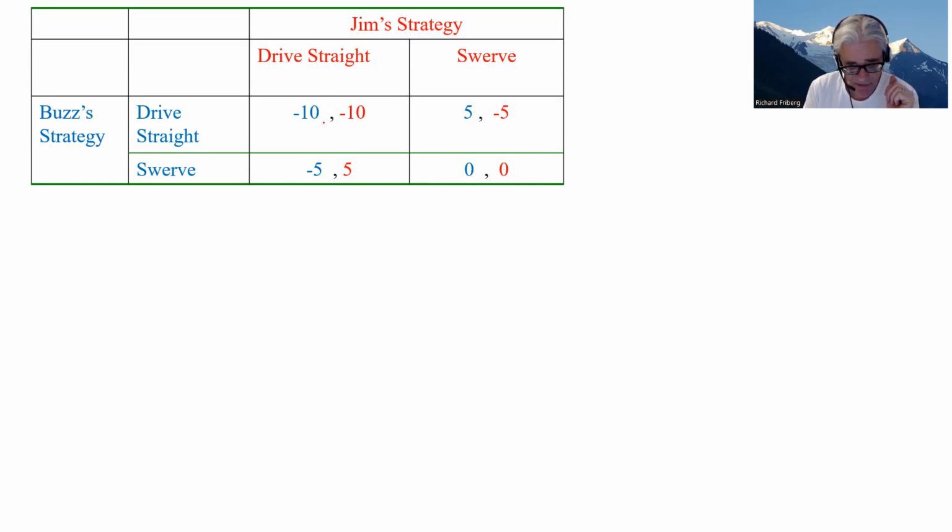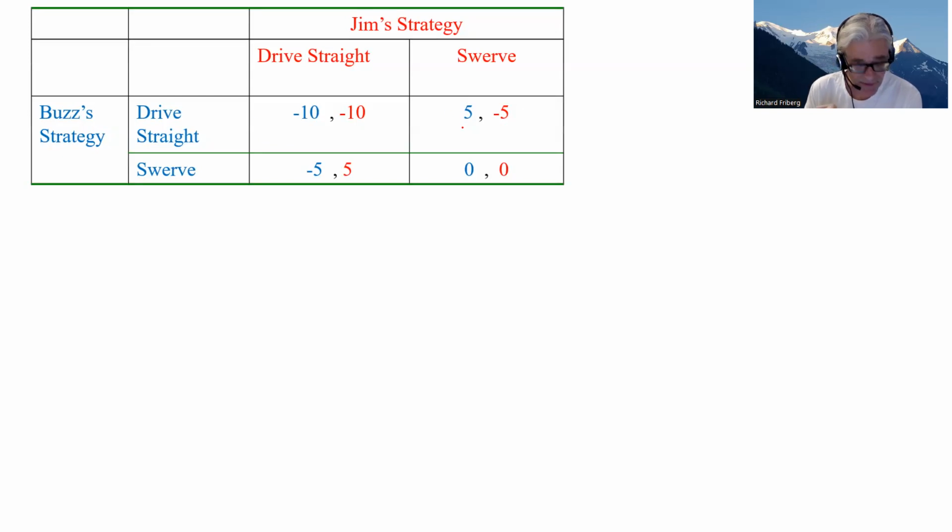If Buzz swerves, whereas Jim drives straight, Jim gets a positive payoff, whereas Buzz is the chicken. Okay, so he's showed that he's chickened out. He was weak. Or vice versa.